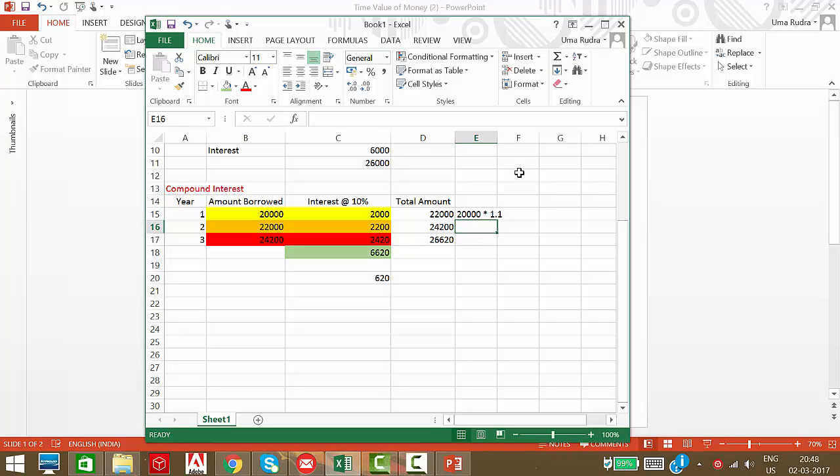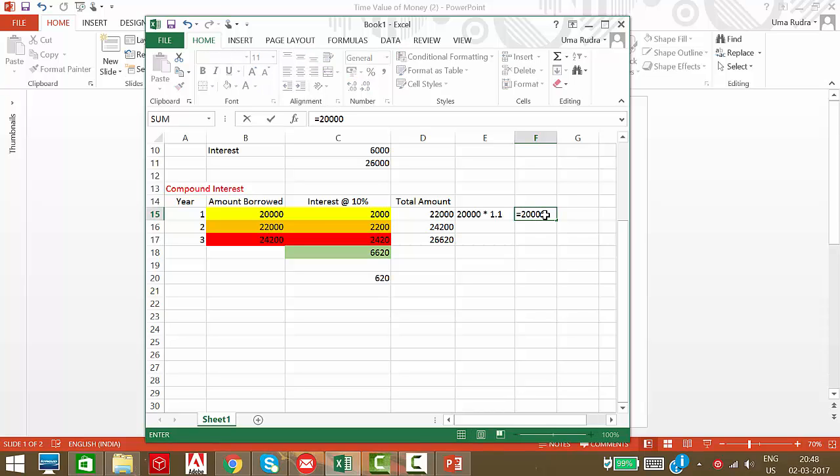Same thing, right? 110% is nothing but 110 divided by 100, which is 1.1. So that's what I have written. So for the first year, 20,000 original principal into 1.1 is 22,000.